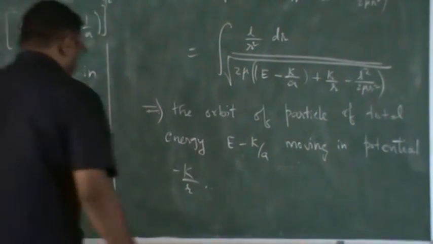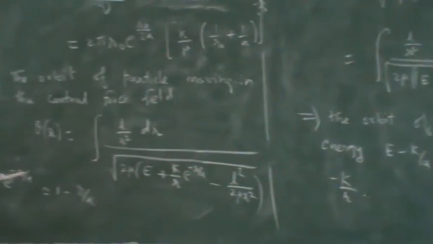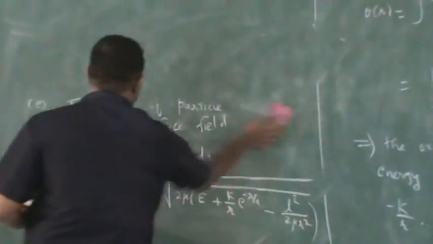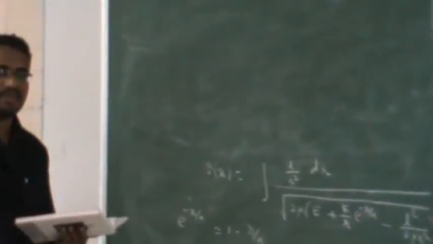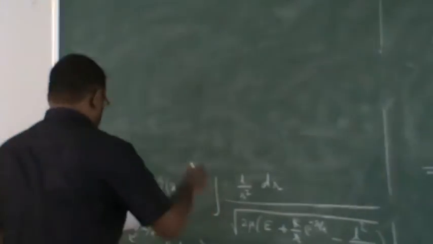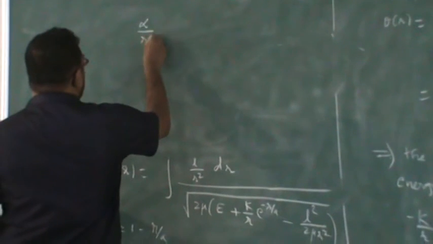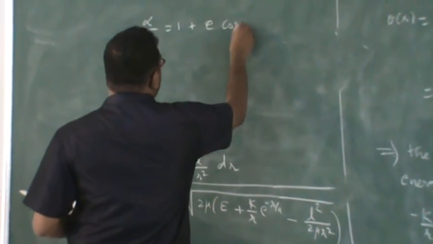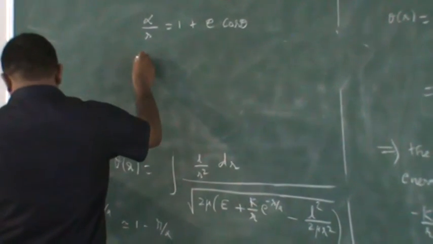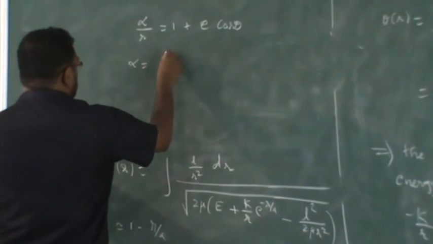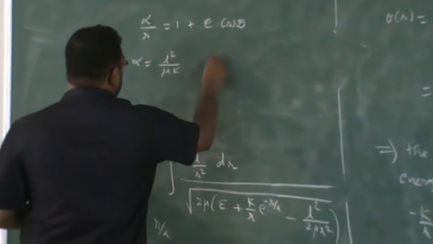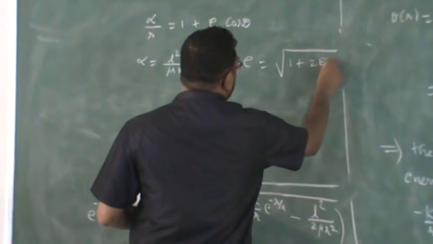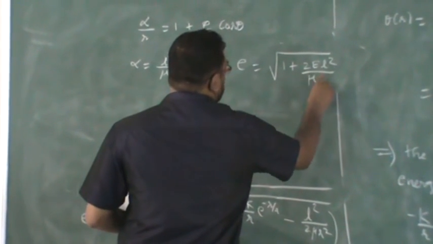So therefore, identifying with the results that Sir mentioned in the morning class, instead of E you can put E minus k by a. Yes, E you shift. So we know that α by r is equal to 1 plus e cos θ, the eccentricity times cos θ. This α is equal to L² by μk and e is equal to the square root of 1 plus 2EL² by μk².